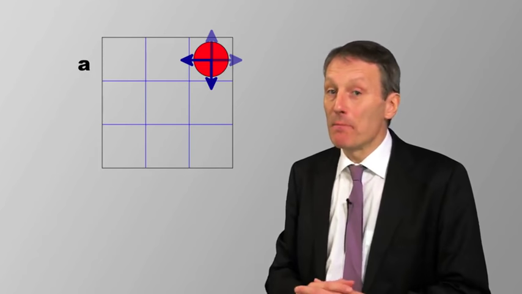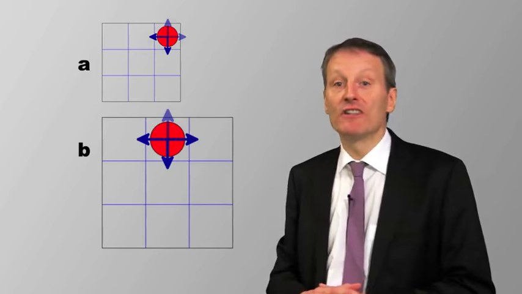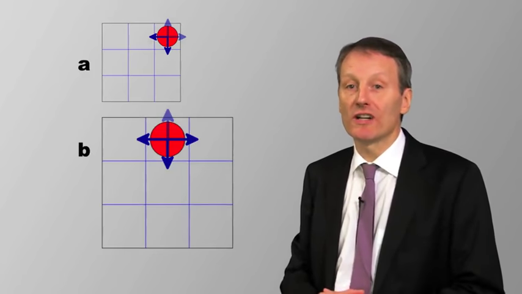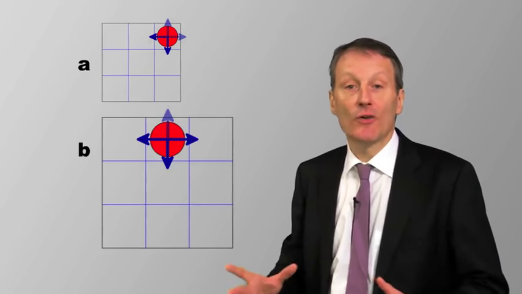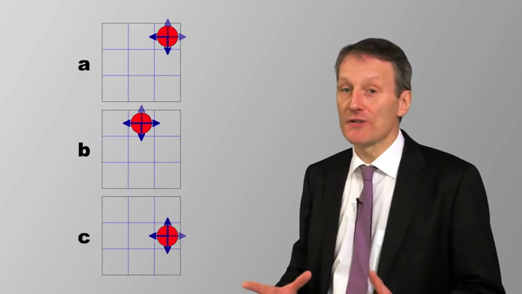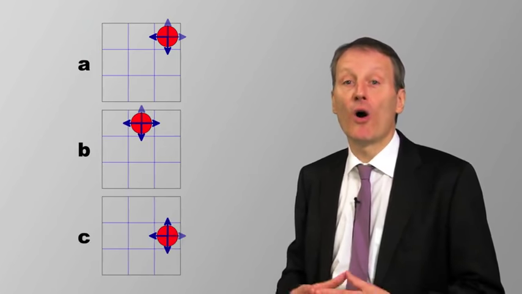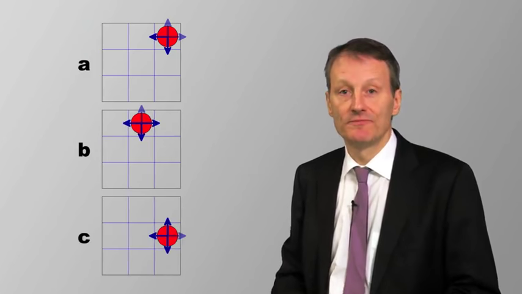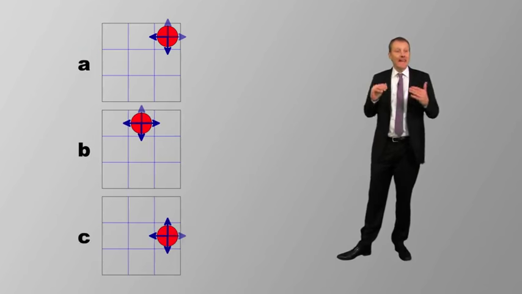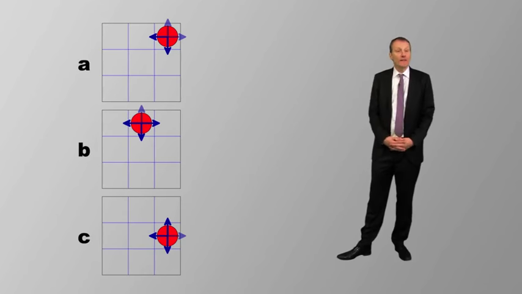On configuration B, we have a rejection probability of 1/4. And on configuration C, we also have a rejection probability of 1/4. This is the essence of the celebrated Metropolis algorithm.